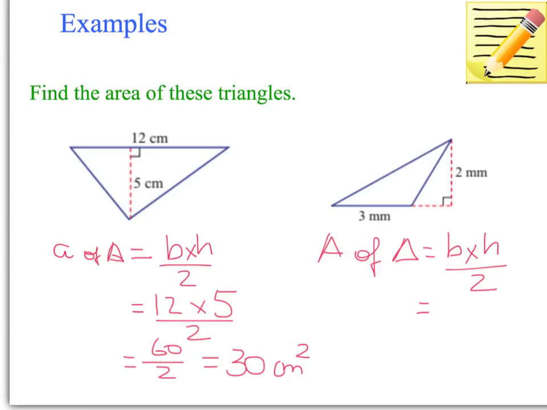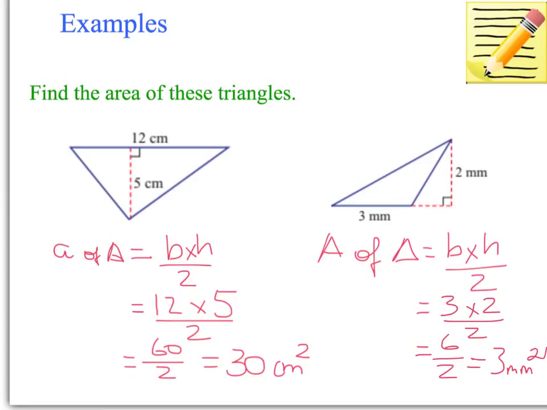Okay, so we've got the base is 3 millimeters times 2 divided by 2. So that's 6 divided by 2. And 6 divided by 2 is 3 millimeters squared. All right. Hopefully you've got that.